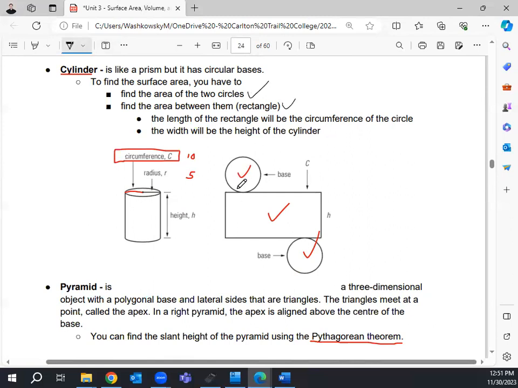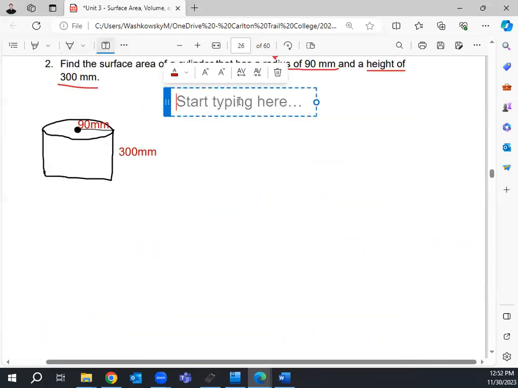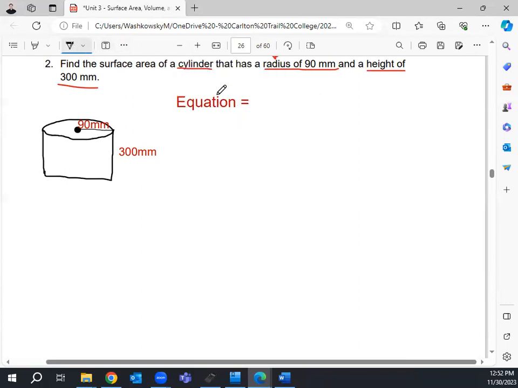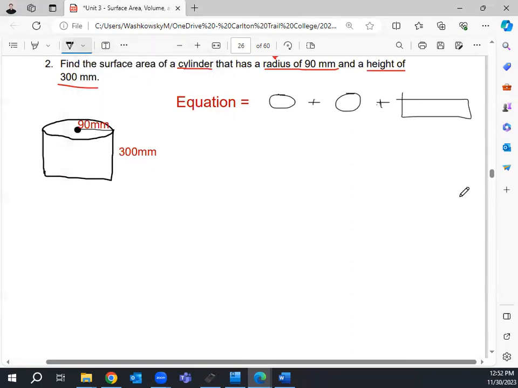If we think about our net here, that's all a cylinder is: two circles and a rectangle that's kind of folded up. So just like always, I'm going to put myself a nice little equation. I know it seems tedious, but I promise you it's going to be helpful. So my equation here, how do I find the surface area of a cylinder? It is literally circle plus rectangle. I know it seems tedious, but this will come in handy for you.